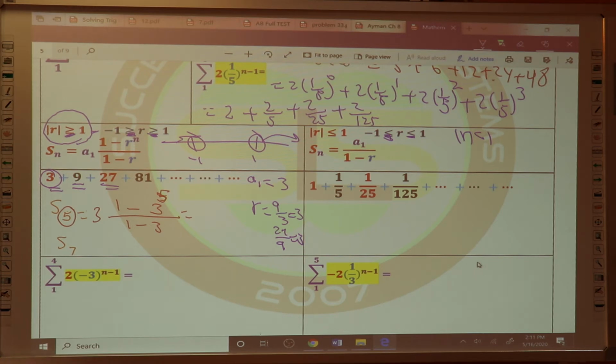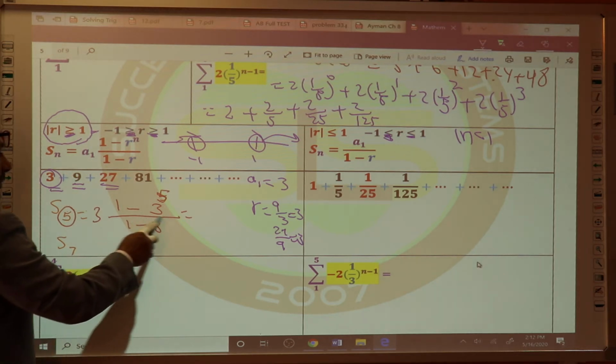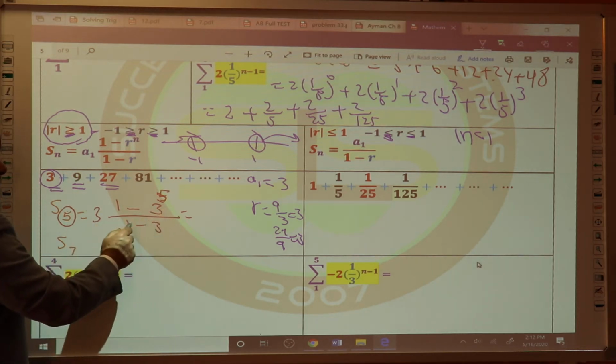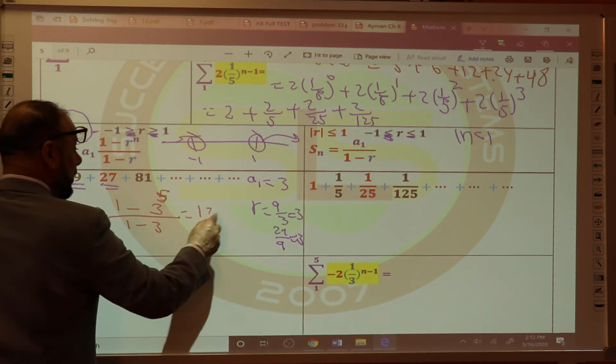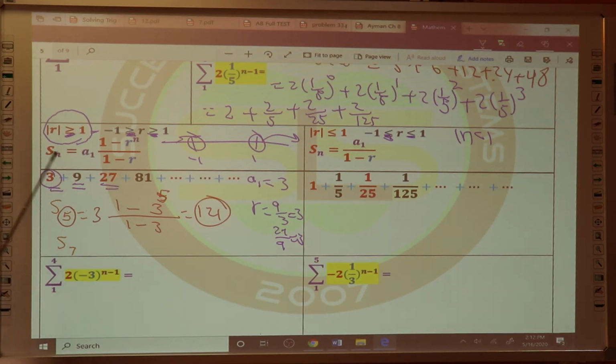And then 1 minus 243 divided by negative 2, right? Why negative 2, guys? Because 1 minus 3 is negative 2, and then my answer is 121. Just I need something from you.